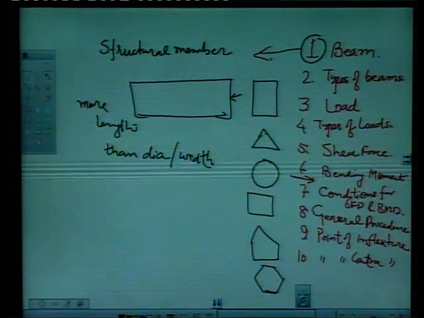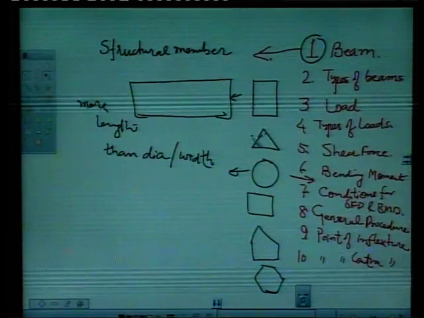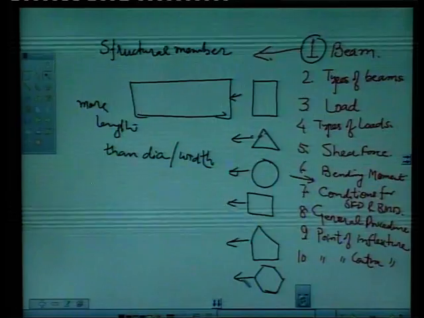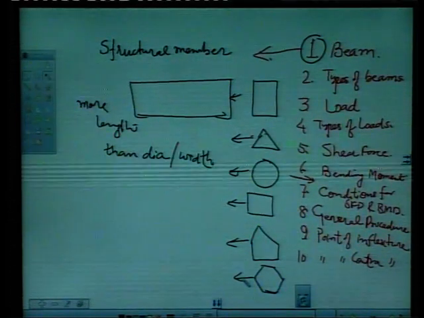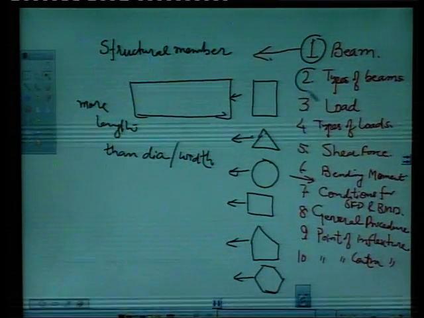So this beam may be like this, maybe this, maybe this shape. This is a beam. Clear?